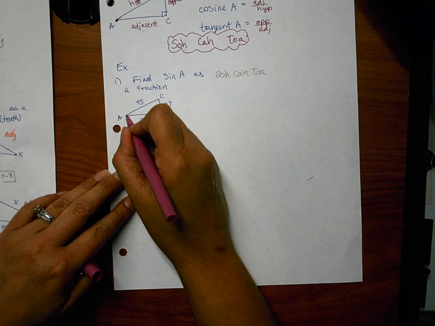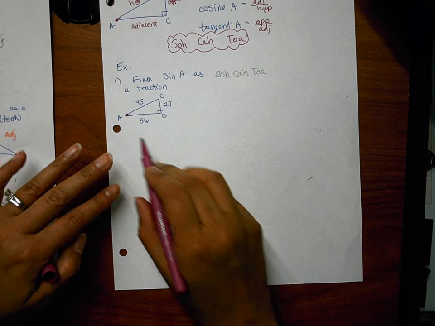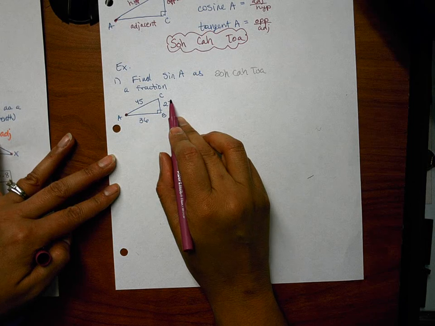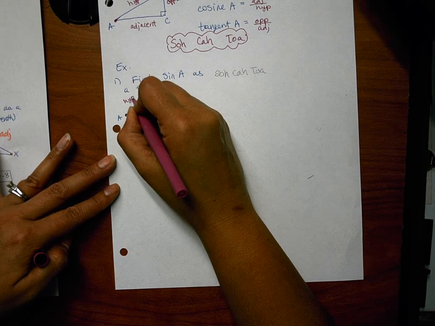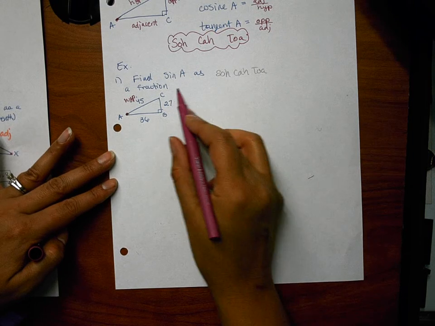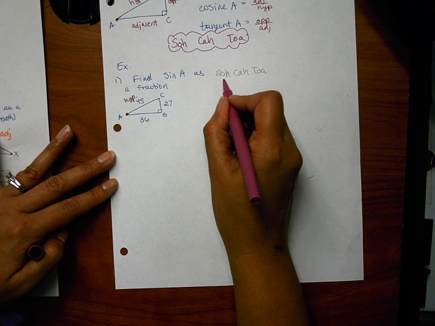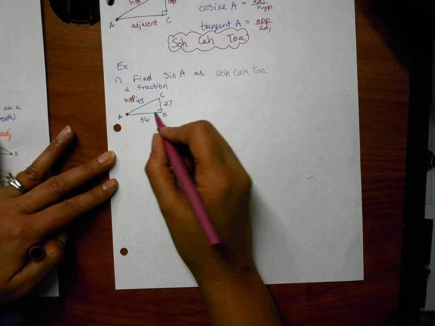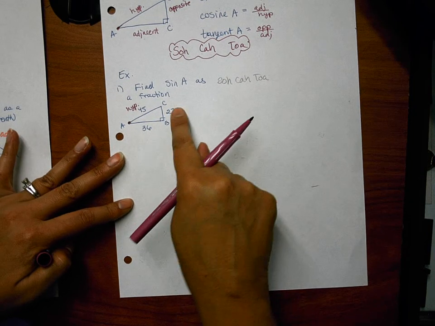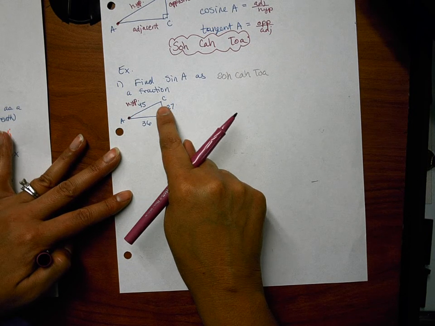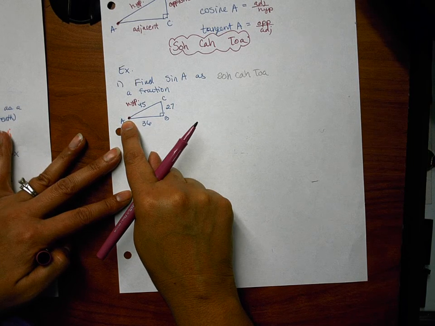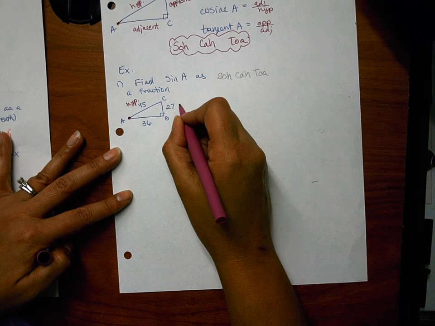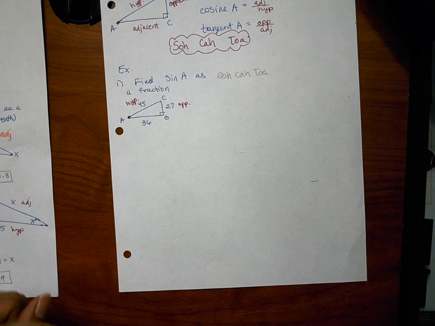So what you do is you mark your angle A, and in reference to this, what is 27, what is 36, and what is 45? This one is the hypotenuse, so I'm just going to label that first. They're asking for sine, which is opposite over hypotenuse. So which one, I'm not even going to label my adjacent. Which of these two is the opposite? The opposite side does not share an angle with the A, so this 27 is the opposite.